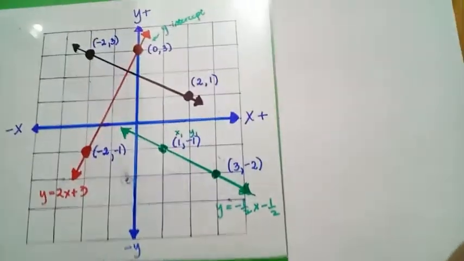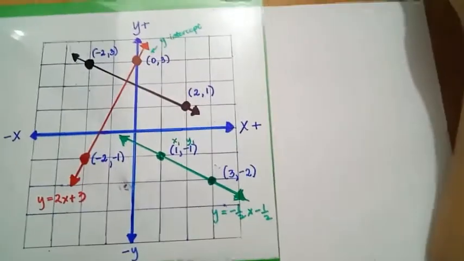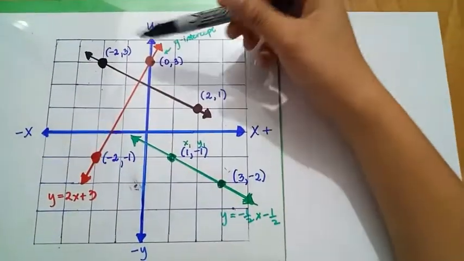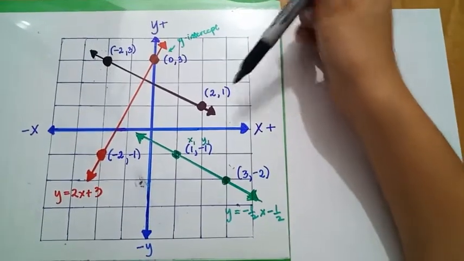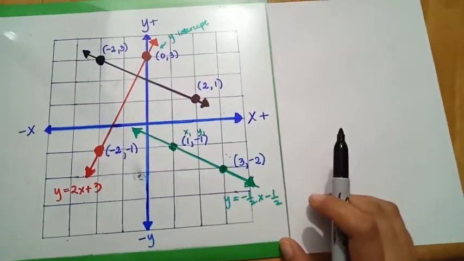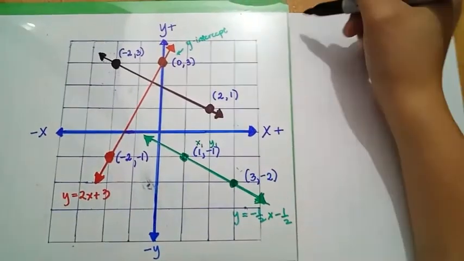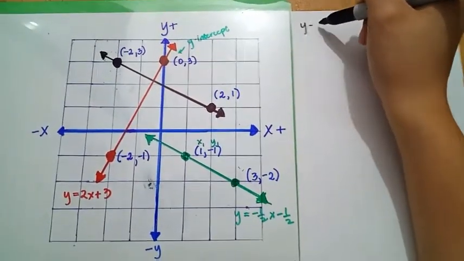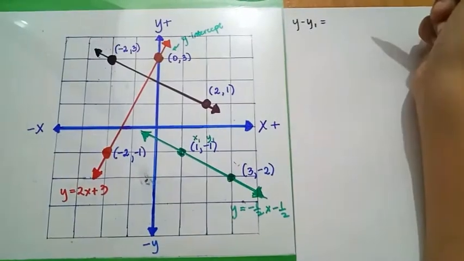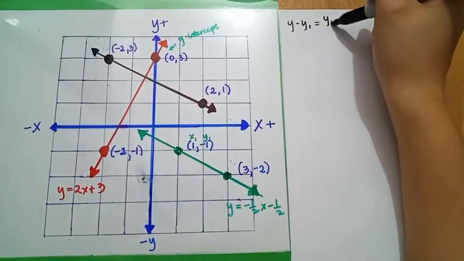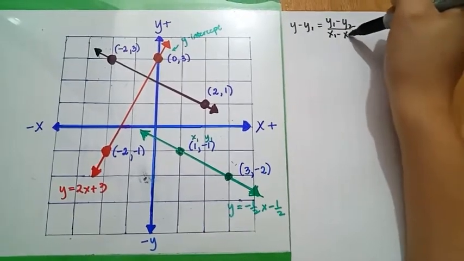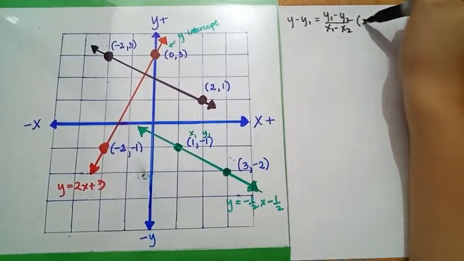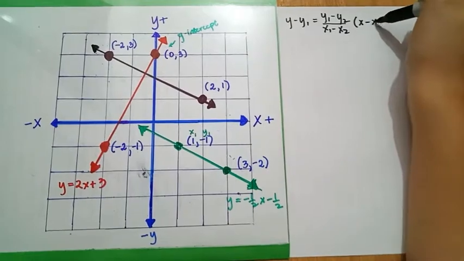For our last example, isolve natin or let us write the equation of the line with points -2, 3, and 2, 1. Okay? So again, you may use 2-point form. Kung 2-point form yan, you will have y minus y sub 1 equals the formula for the slope, which is y sub 1 minus y sub 2 over x sub 1 minus x sub 2 times x minus your x sub 1.